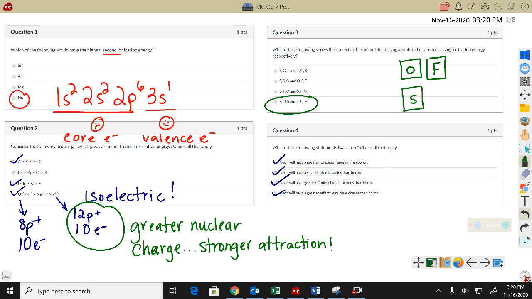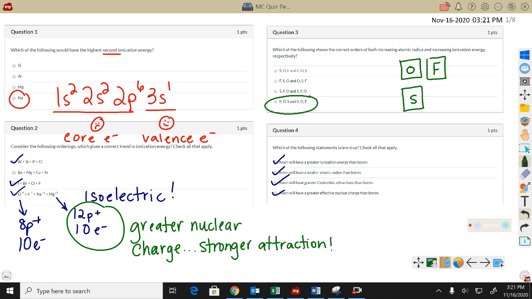Sometimes people get this one a little bit goofy, but when you see a list of ions, just double check to see if they're isoelectronic, because again, that would be like an AP thing that we wouldn't have done last year. Now, if they would have just given me like all the halogens as -1 ions, well, then they would just follow the same trend as they would in a group if they were the normal atom.